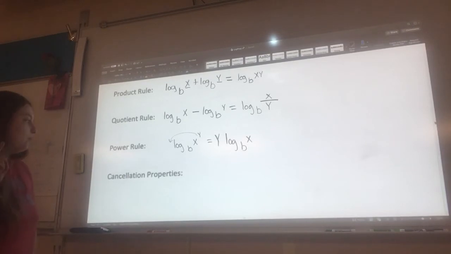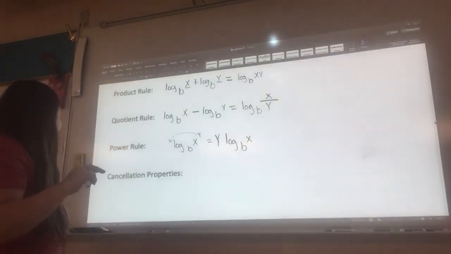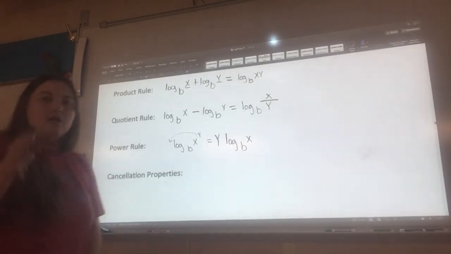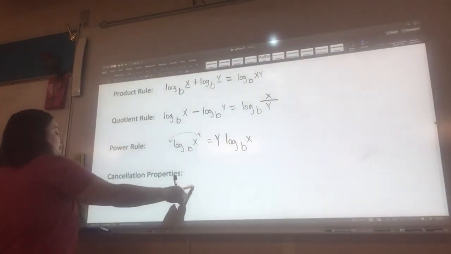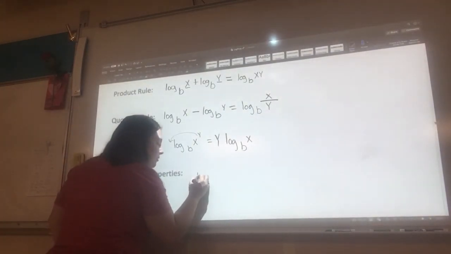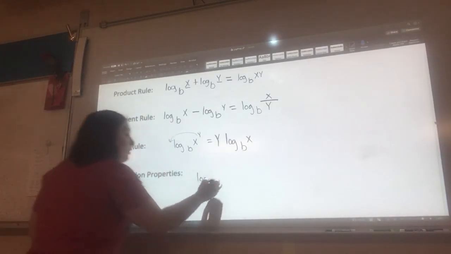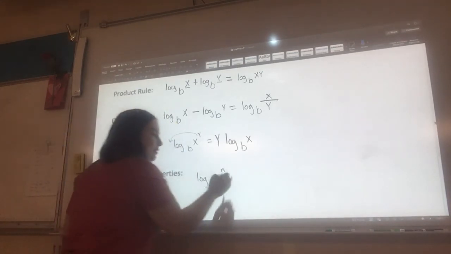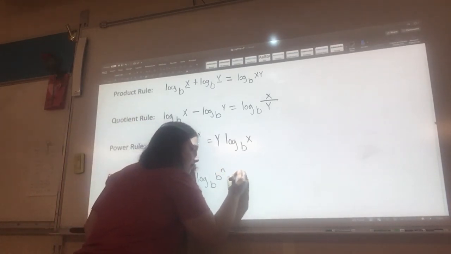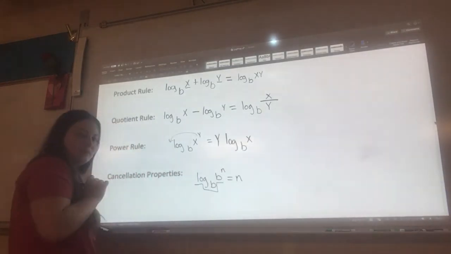And then we have cancellation properties. There are 2 cancellation properties. Of these 2, you have seen one all the time. The other one was the one where we had an answer of 9. So when you look at the cancellation properties, you have log of a base with the same base to an exponent equals the exponent, because this stuff cancels, and we're left with our exponent as our answer.